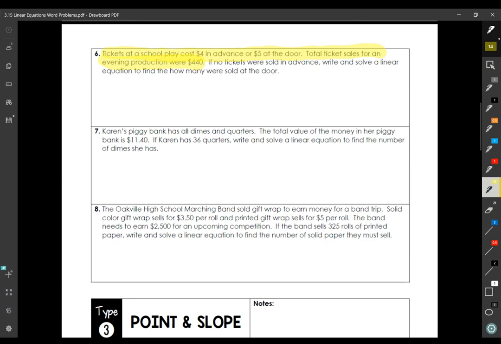Okay, so here we're relating two different objects. We're relating the number of people who bought tickets in advance to the number of people who bought tickets at the door.